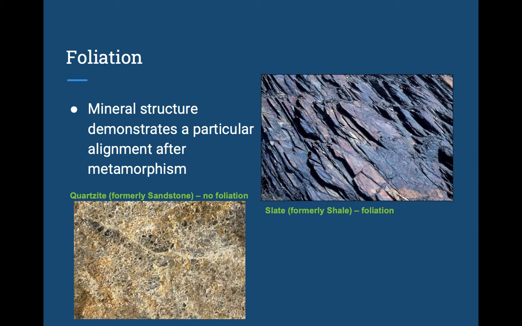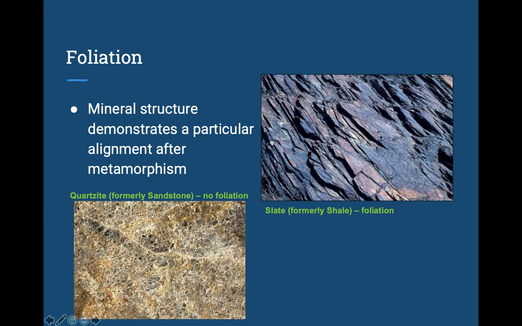So it's very tough, but it's also easy to work with because it breaks off in these sheets. And we use it for tiles and things like that, flooring or whatever, because you can work with it easily, even though it's a very tough material. But that foliation, because of the way in which the minerals align, it breaks off in these sheets. So it would have foliation, right?